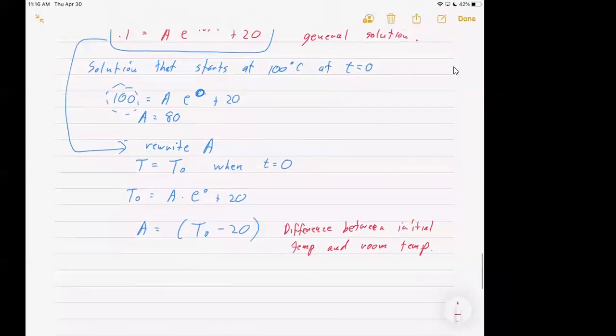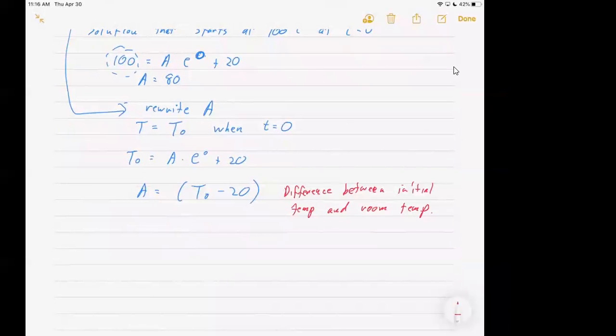And so we could more generally write that for cooling, T equals (T naught minus 20) e to the negative 0.05 t plus 20.